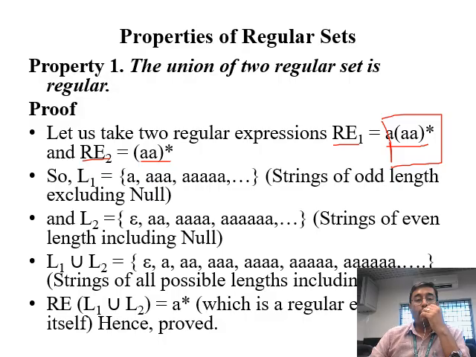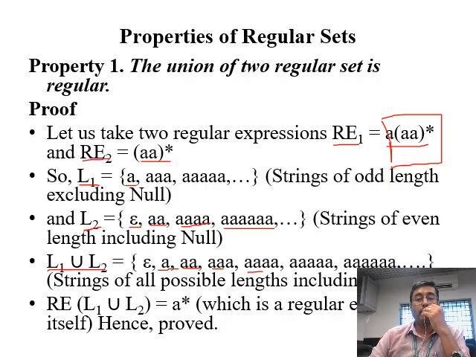Now when I perform the union operation on both languages, it has your epsilon closure. So you start with the epsilon symbol, then followed by the single A, then AA, then A power 4, then A power 6. So my output is going to be all possible combinations: epsilon, then A power 1, A power 2, A power 3, A power 4, A power 5, A power 6, and it keeps on going.